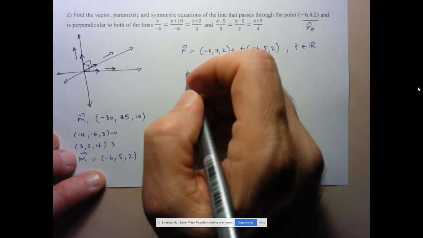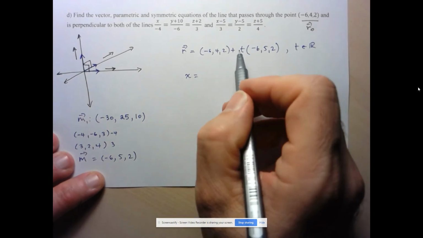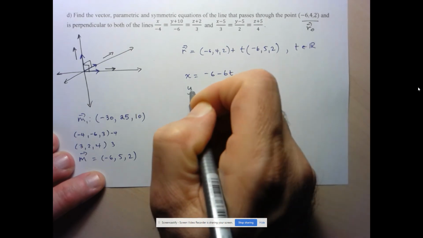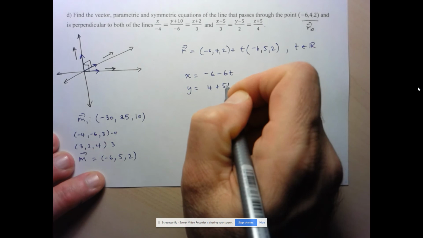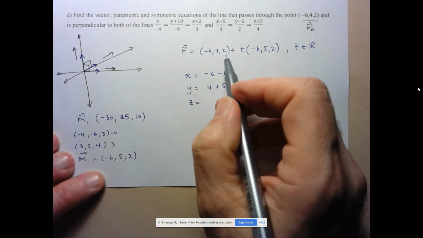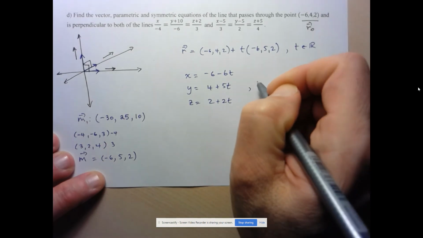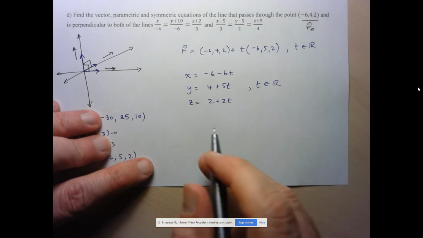Let's switch that now to parametric form. So we have x is equal to -6 minus 6t. For y we have 4 plus 5t. And then for z we've got 2 plus 2t. And again, t can be any real number. And lastly, let's put it in symmetric form.